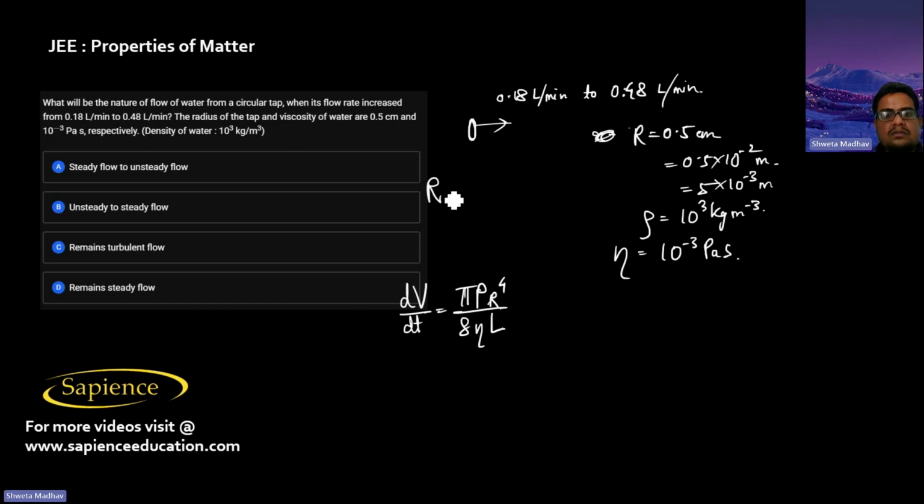Now Reynolds number, I can call this radius small r. So the Reynolds number is given as rho v r by eta.